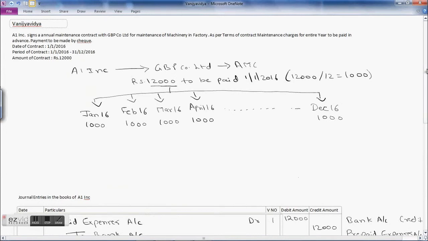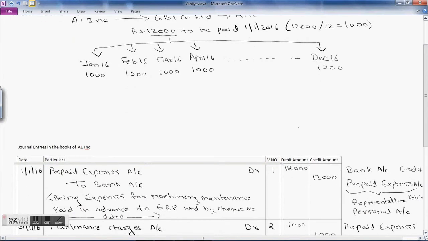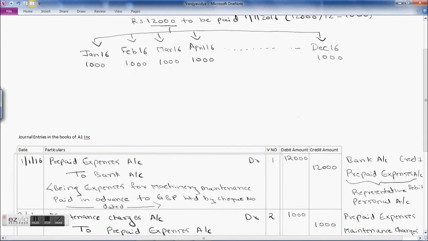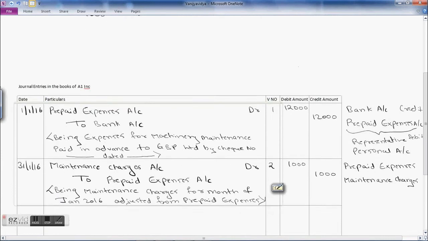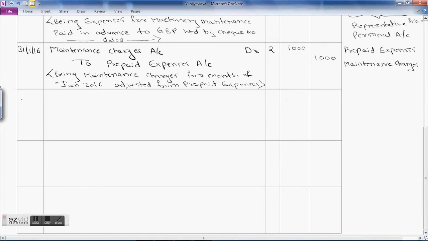Now again it's the end of Jan, then 1st Feb, there is nothing, no financial obligation to pay, then services will be provided by them at the end of the month. So on 1st Feb we need not pass any entry. Again at the end of Feb, that is 28th February 2016, or say 29th February 2016, it's a leap year.